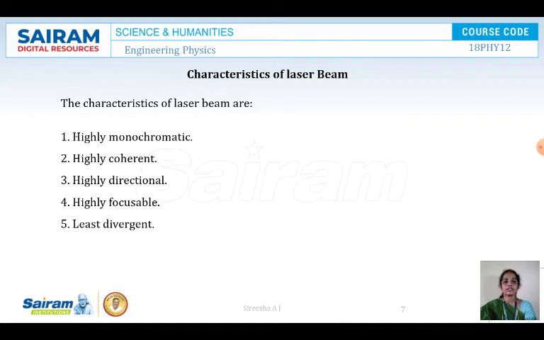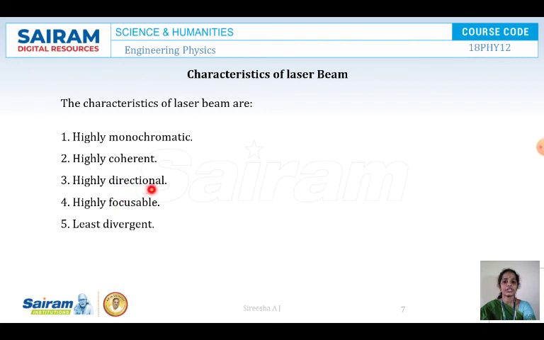Now what are the characteristics of laser light? The laser beam is highly monochromatic, that means single color or single frequency. Highly coherent, because the incident photon and the emitted photon have the same wavelength, frequency, velocity and phase.